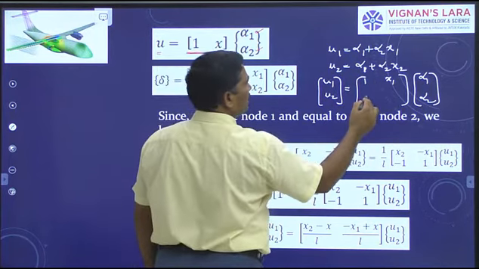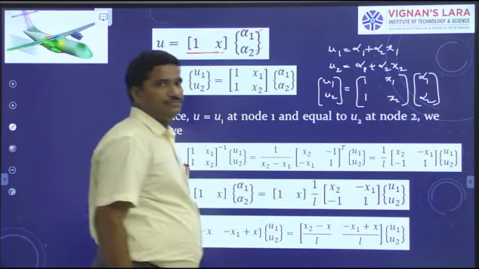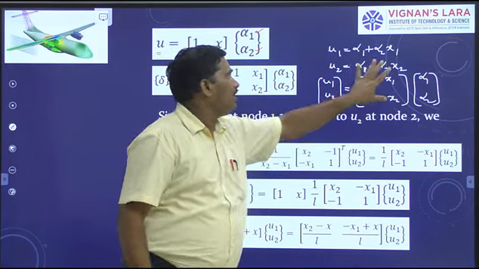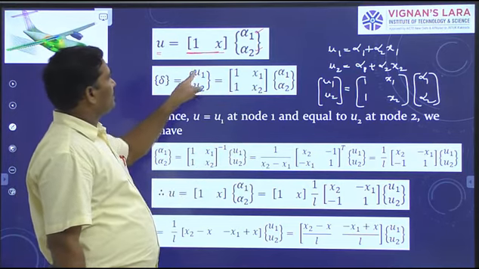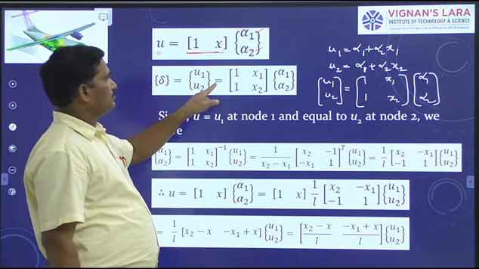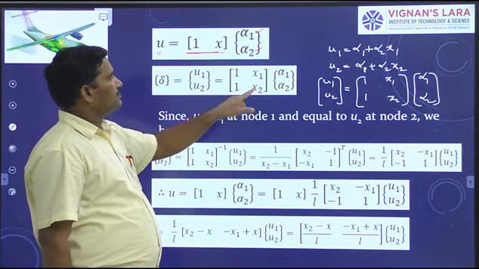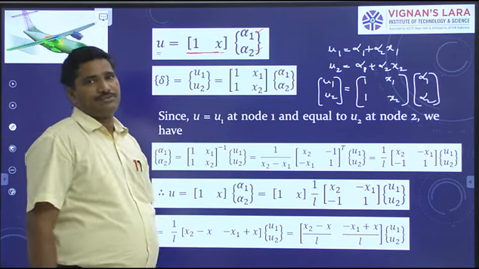Hence, I can write 1 here and here I write x2. These two equations are represented in matrix form. This is how I have written here. A column matrix having the elements u1 and u2 equals a 2 by 2 matrix having the elements 1, x1, 1, x2 into a column matrix having the elements alpha 1 and alpha 2.